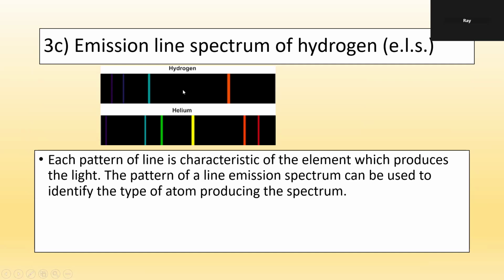The pattern of lines in an emission spectrum can be used to identify the type of atom producing the spectrum. So we look at the line spectrum, then we can identify which element is being observed. Right? These are given by gaseous atoms or isolated atoms.